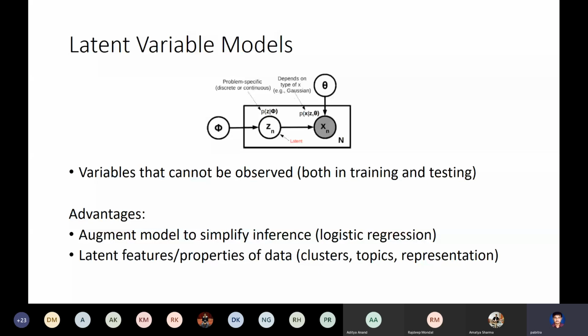One example we have already seen. For example, in logistic regression, we introduced the output of the logistic sigmoid function. Input is x. Instead of directly taking the output, we construct another variable, which is the sigmoid of x, which we can consider as the output of the logistic regression. Note that this output of the sigmoid is not really an observed variable.